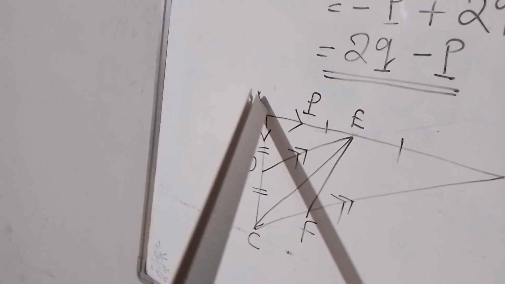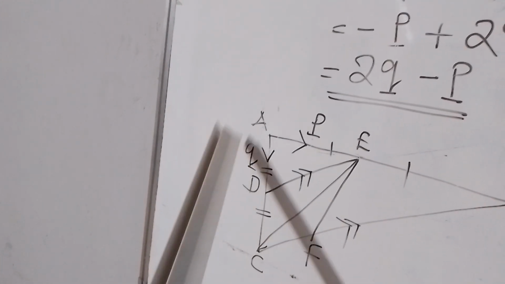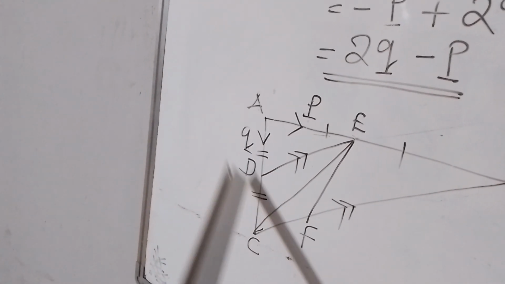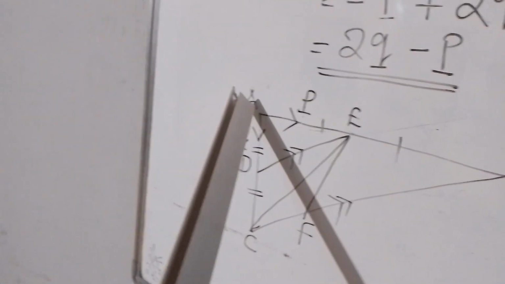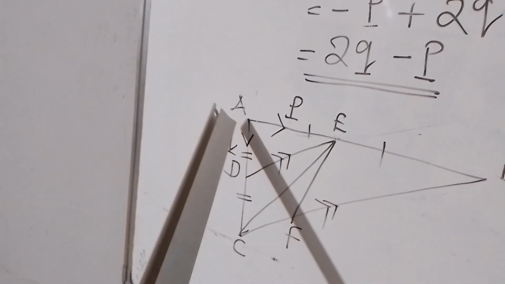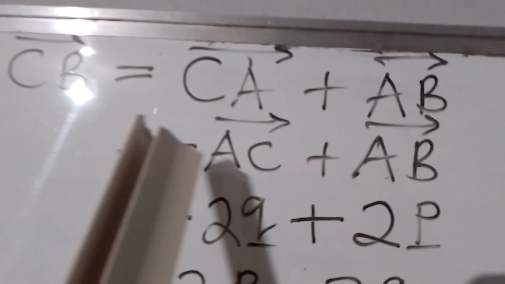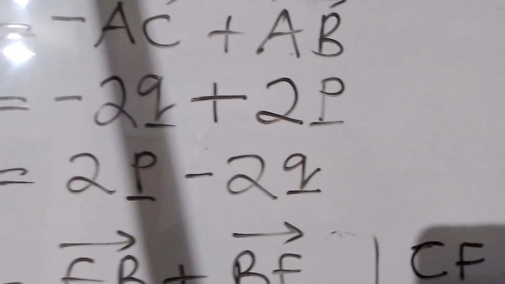So C to A. What is C to A? When you look at C to A, this is moving against the arrow for the vector from A. So if AC is 2Q, it means that CA is going to be the opposite of AC. Like from our formula, CA plus AB, but this is the opposite of AC, so it has to be negative AC plus AB.